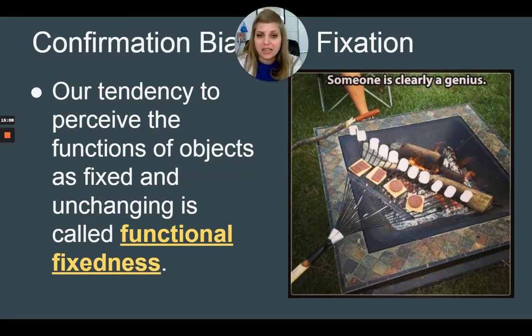Whereas this person clearly thought of a rake as a way to toast marshmallows, and it looks like there are some peanut butter cups on there. That's taking a tool and using it not for its intended purpose, but potentially for something really great. And so with functional fixedness, I see objects as only being what they're designed to be.